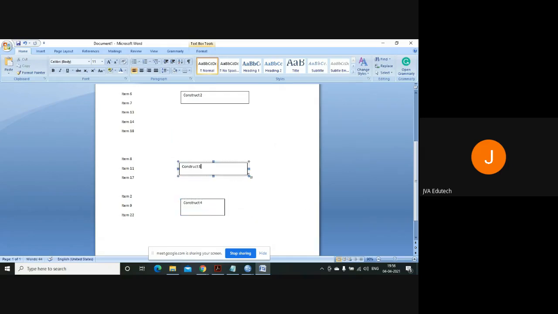We have already identified our constructs for second, third, fourth.